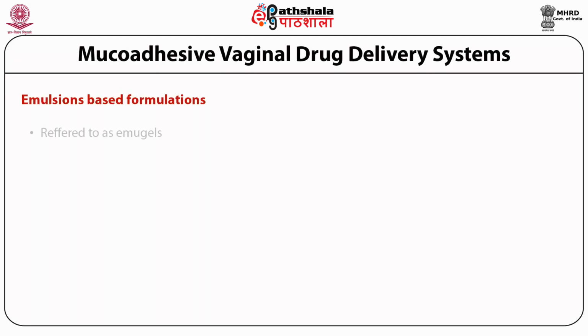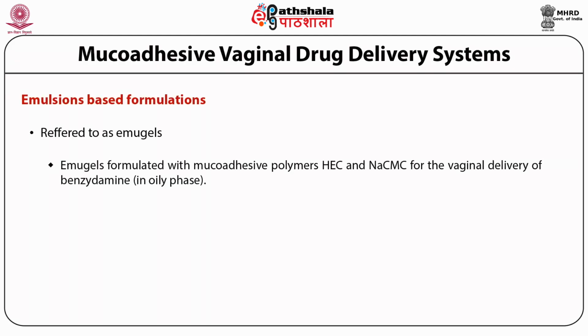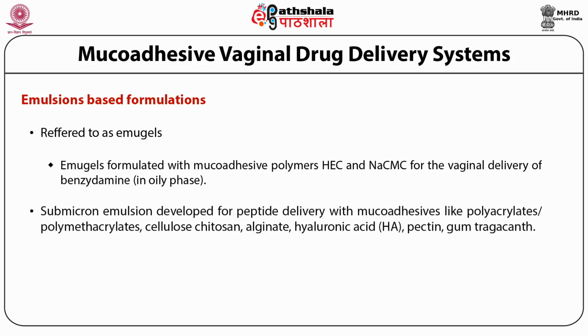These are usually referred to as emulgels when formulated with mucoadhesive polymers like hydroxyethylcellulose and sodium carboxymethylcellulose, and usually delivered vaginally by using an oily phase consisting of a drug like benzydamine. Some microemulsions were developed for peptide delivery with mucoadhesives like polyacrylates, polymethacrylates, cellulose, chitosan, alginate, hyaluronic acid, pectin, and gum tragacanth.